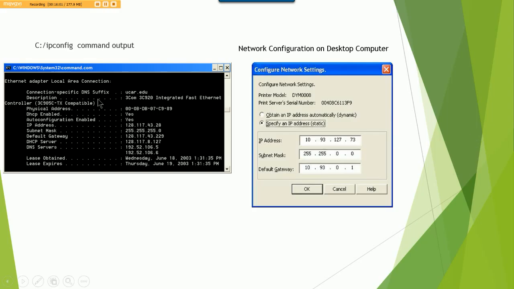That is something that's done in the computer software. Okay, and then we have two more addresses here, 192.52.106.5 and 192.52.106.6. These are the IP addresses of the DNS server, and as we can see, they are on another network also.